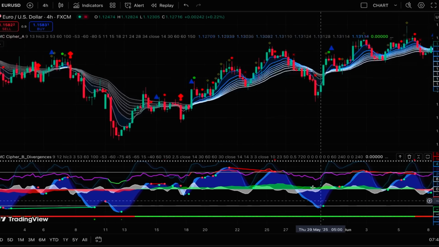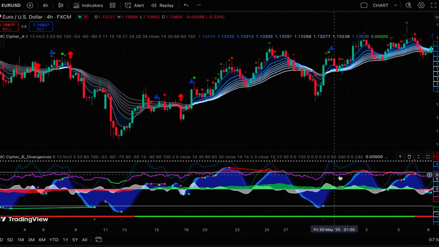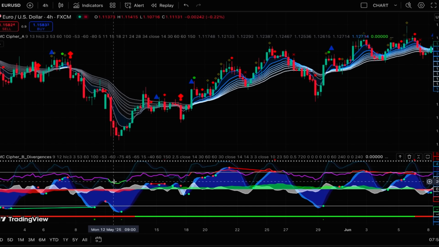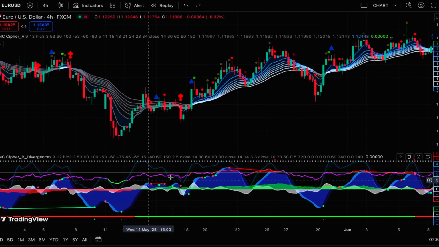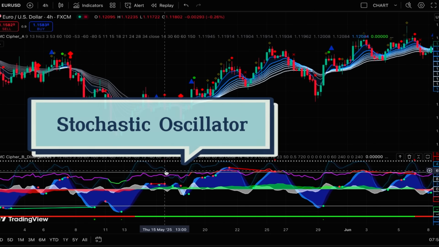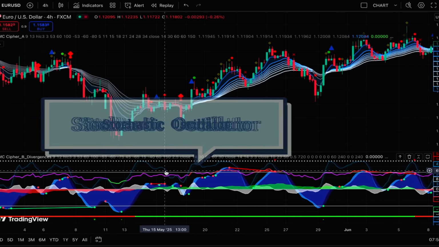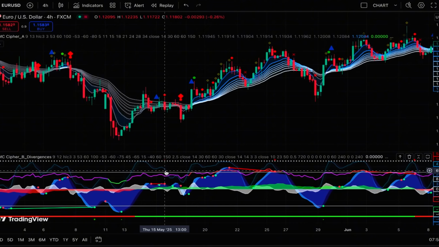Alright, we also have this line here which changes color between purple, red and green, and this is RSI, Relative Strength Index, and we have this blue line, which is the stochastic oscillator. This is the K% line of the stochastic oscillator, and there is also the D% line here which is not very visible, but you can change the color and opacity in the settings.